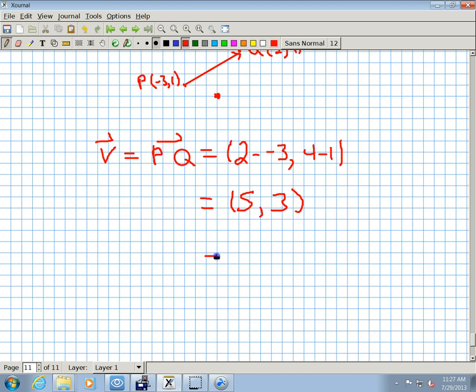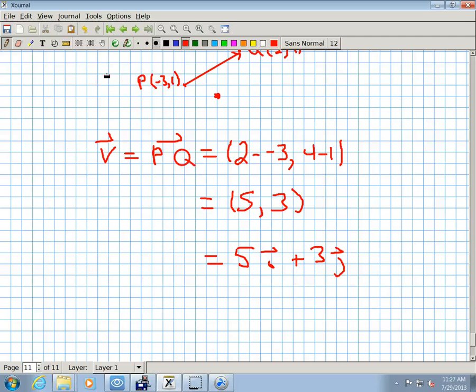That's going to be 5 i's plus 3 j's. Same thing, just different notation. You're going to see both notations flip-flop because they're synonymous anyway.